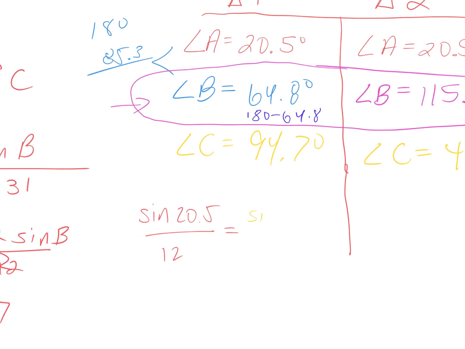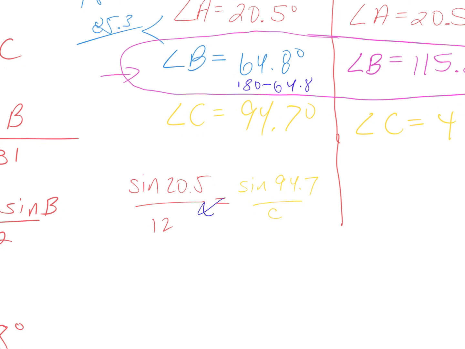I have sine 94.7 over C. So to solve this, we're going to cross multiply: 12 times the sine of 94.7 equals C times the sine of 20.5. Divide both sides by sine 20.5.